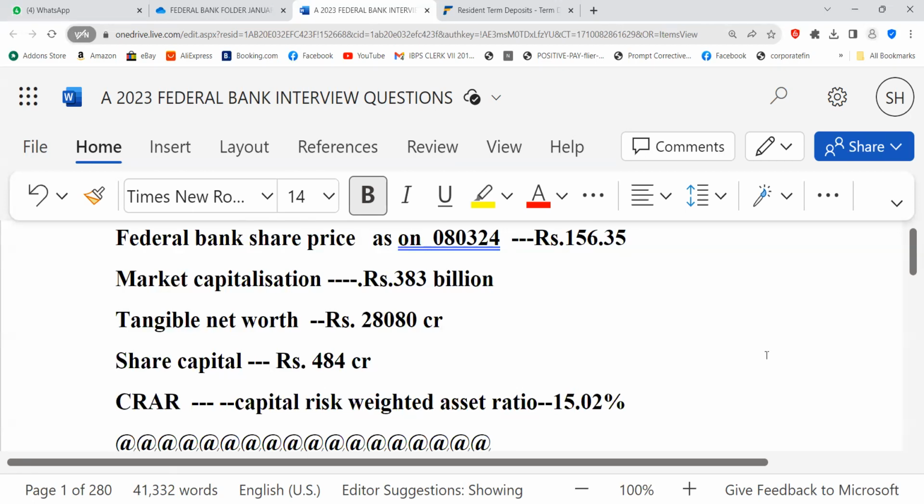Very good. Billion means how many crore?